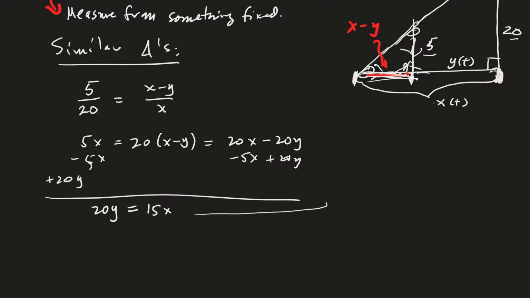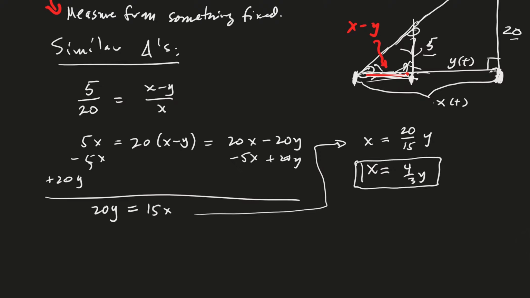Or let me go ahead and write it over here. x is equal to 20 over 15 times y. And let's go ahead and simplify that. So let's take out 5 from numerator and denominator, so that would be 4/3. Good. And there is my relationship.